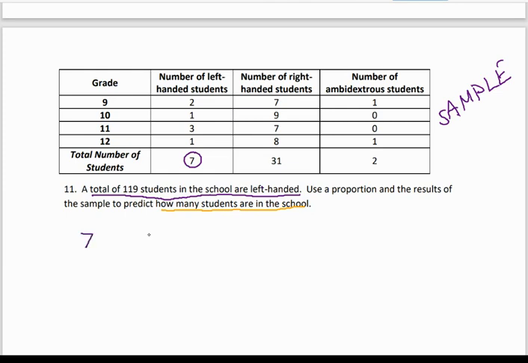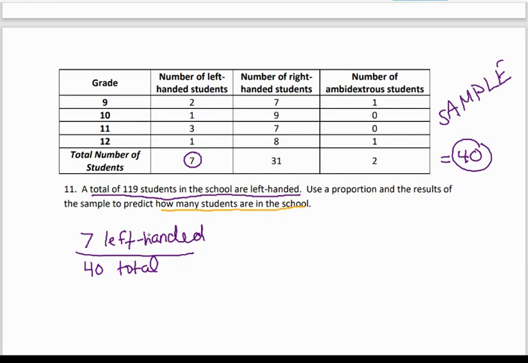So I'm going to have 7, and you can copy, left-handed. Again, we're comparing left-handed versus total. How many total in my chart did we say? 40. 40 from my chart. So this first ratio I'm doing is info from the chart. 7 left-handed, 40 total.